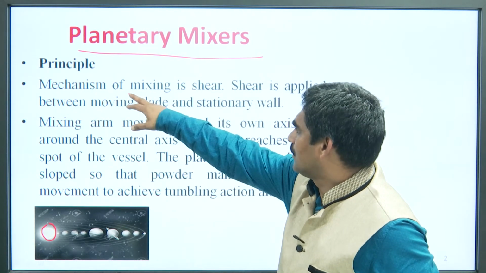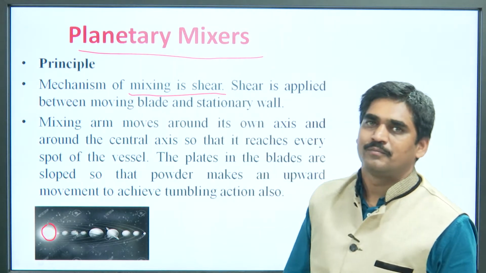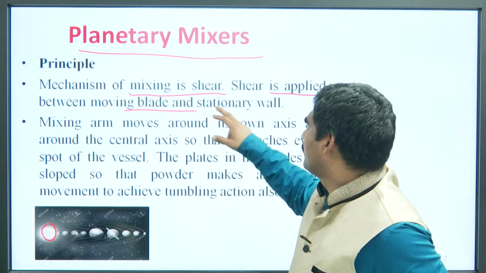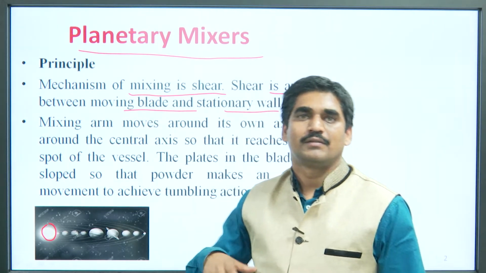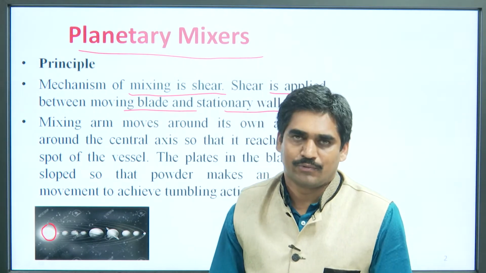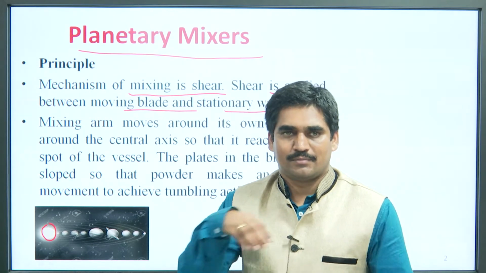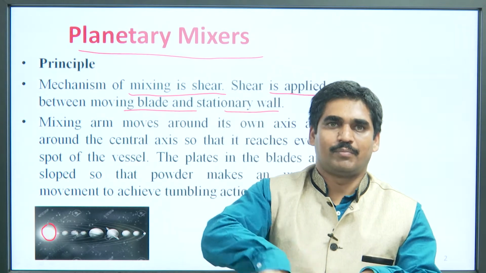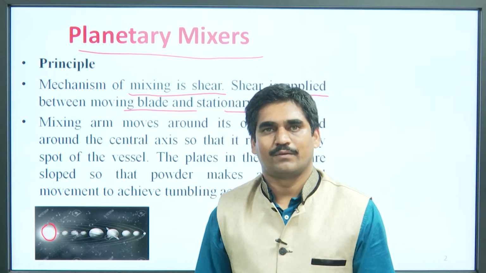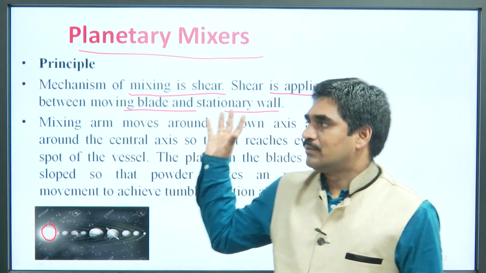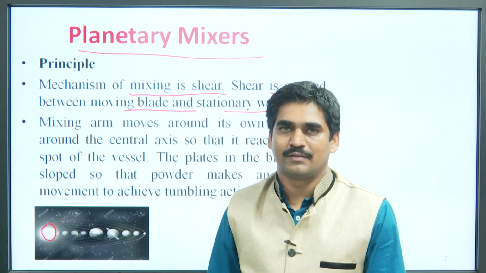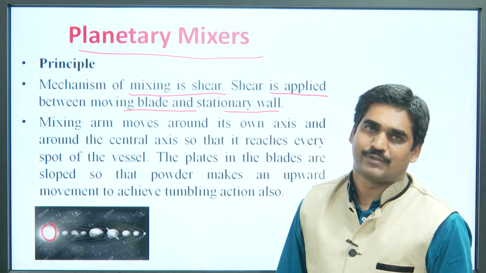The mechanism of mixing is shear. Shear is applied between these moving blades as well as between the blades and the stationary wall. So, this is the possible mechanism of mixing in planetary mixers.